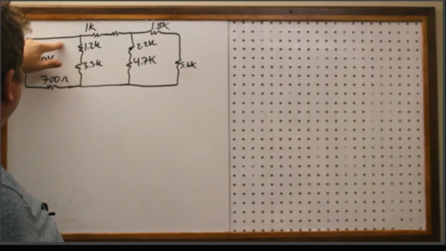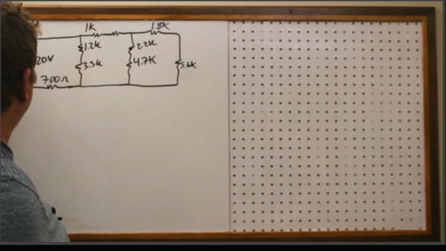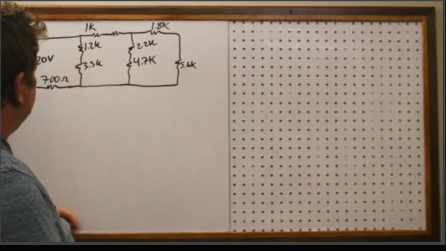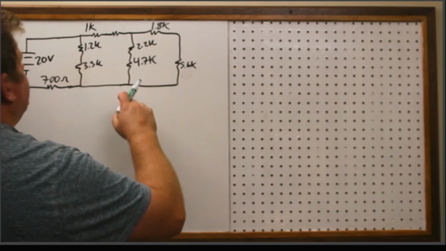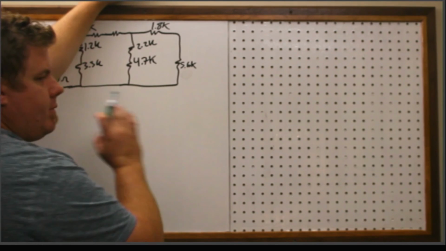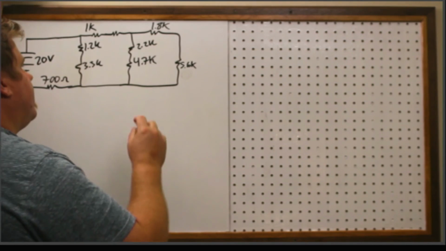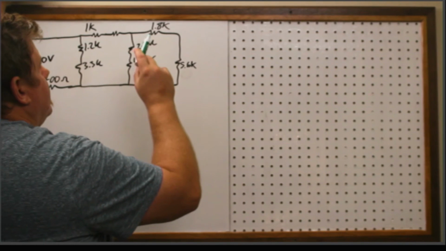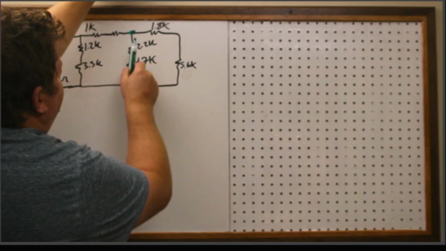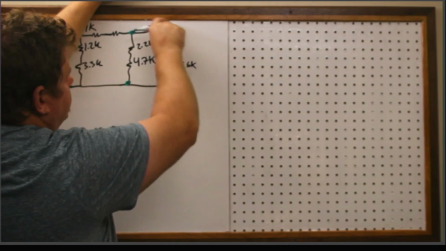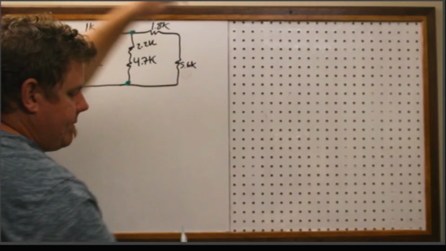I don't even have a series resistor up here with my source. Okay, so I'm just trying to throw some different scenarios here. Again, I'm going to start farthest away because I want to find my RT. So I'm going to start farthest away from the source, and I notice that I've got this branch in parallel with this branch. Okay, so those are the only two that I'm going to be looking at right now.